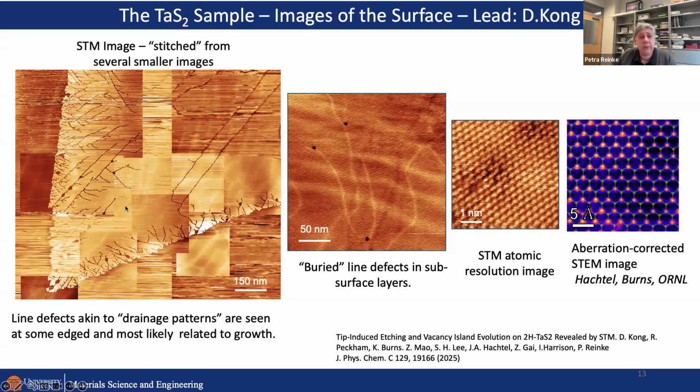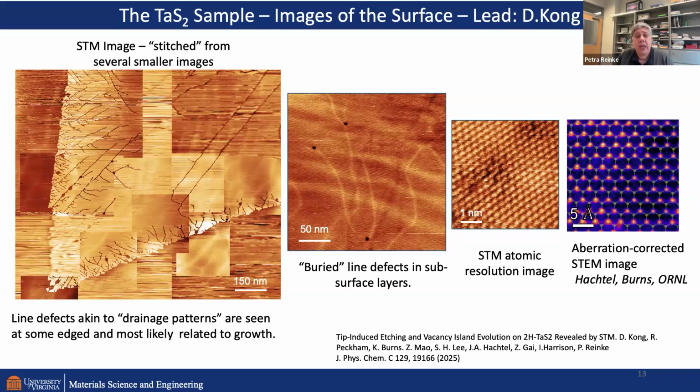And what we see relatively frequently on this sample are these grooves here, these line-type defects, which look a little bit like drainage patterns. We suspect this is a remnant of the growth method itself. We cannot tell whether this is typical just for this sample or whether all of the CVT grown samples might have these patterns in parts of the samples.